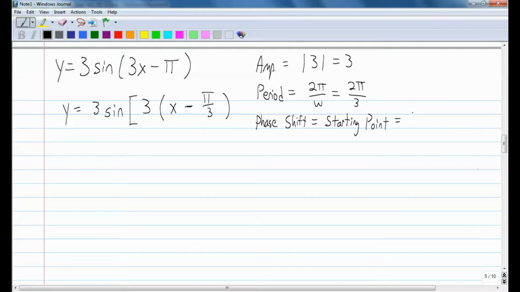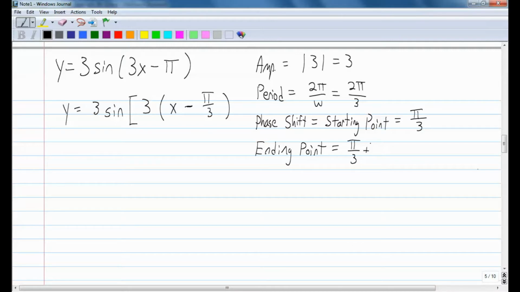Alright, so my starting point for one period that I'm going to draw is pi over 3. And my ending point, this will be where I will stop drawing my graph, because I'll have one complete period of the graph. That's going to be equal to the starting point plus the length of the graph, which is the period.